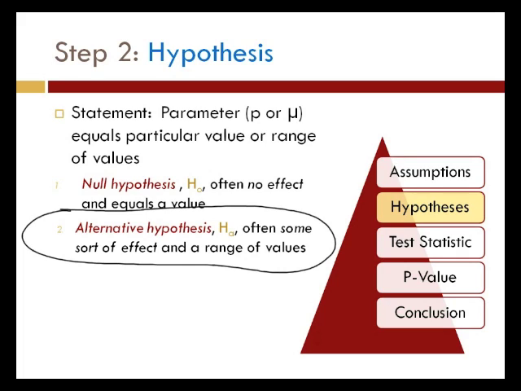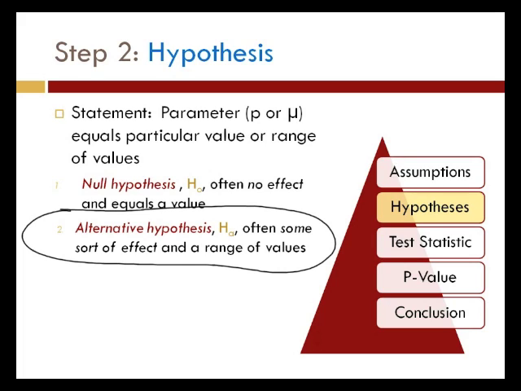We have the null hypothesis, which is the antithesis, or the opposite, of the alternative hypothesis. It's what we assume might be true if we're not able to prove the alternative, but we never really say the null is true. We never really know if the null is true.